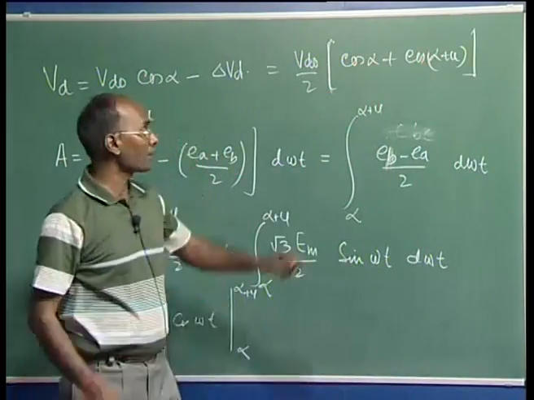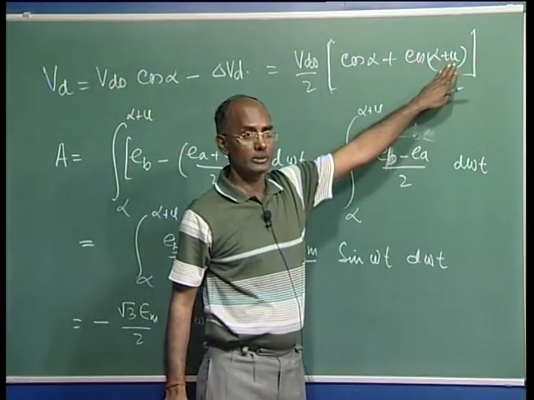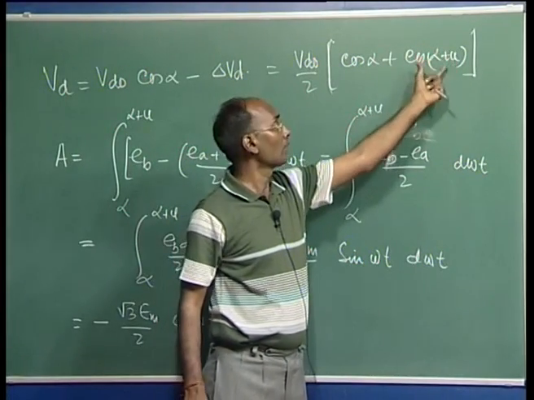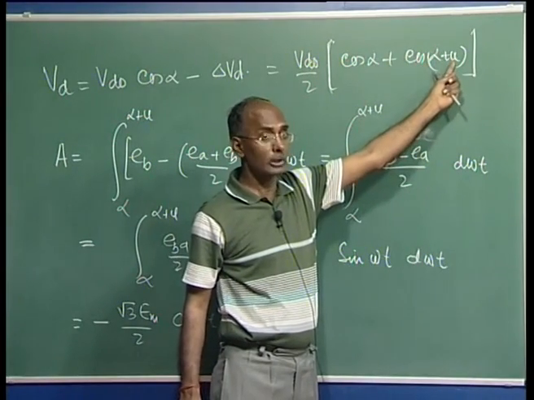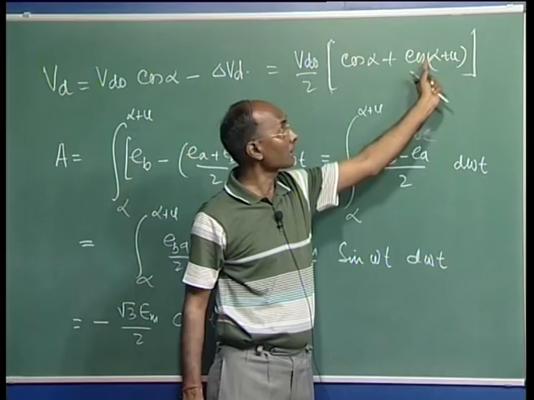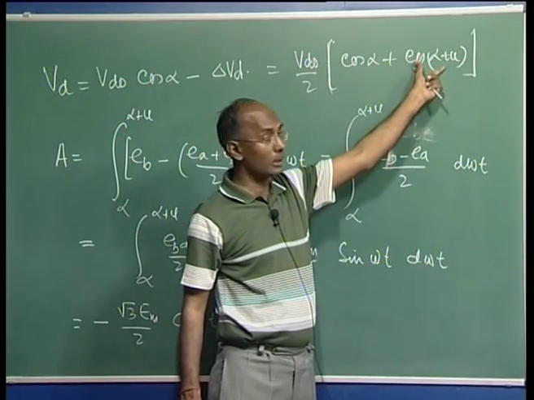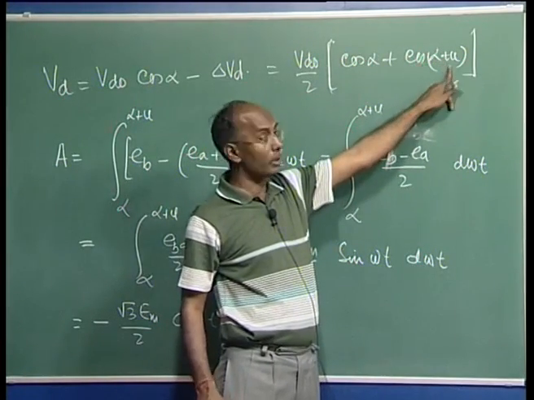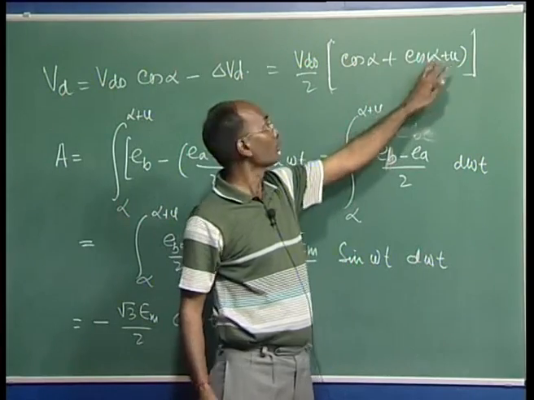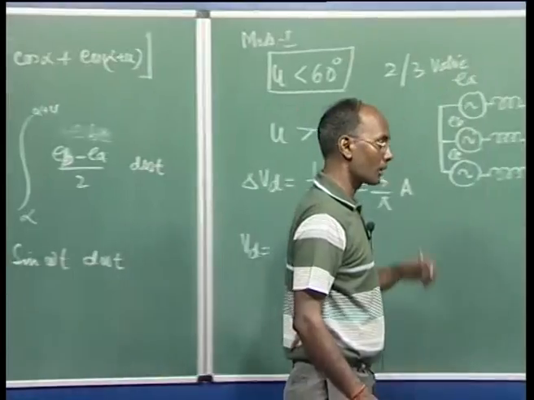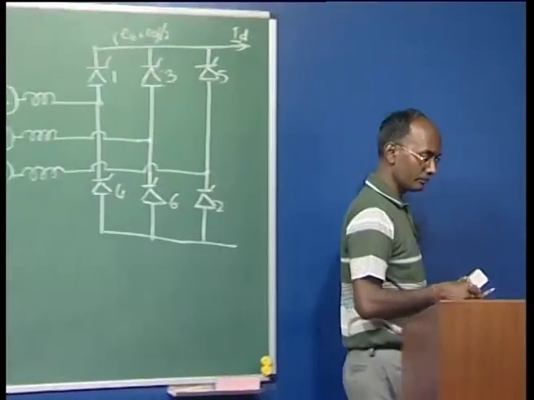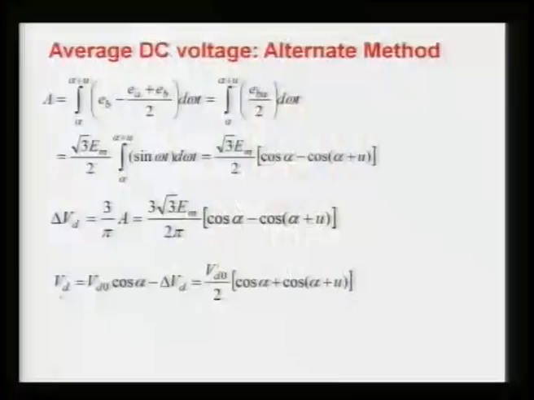You can also see from the expression, if u is not 0, this value is going to reduce, because if u is more than 0, cos alpha plus u is smaller than the cos alpha value. So, this average is going to reduce. The impact of this overlap is reducing your output voltage, and more overlap period, more output voltage reduction.